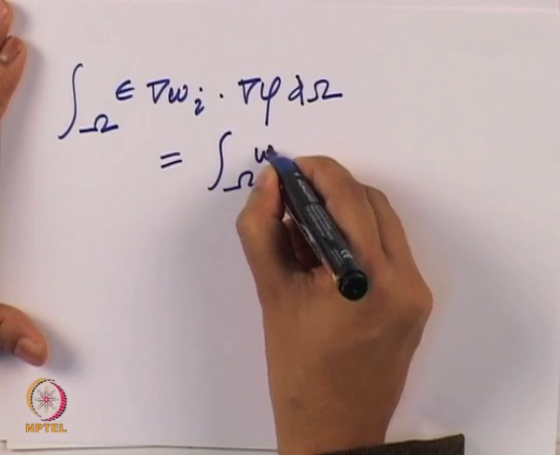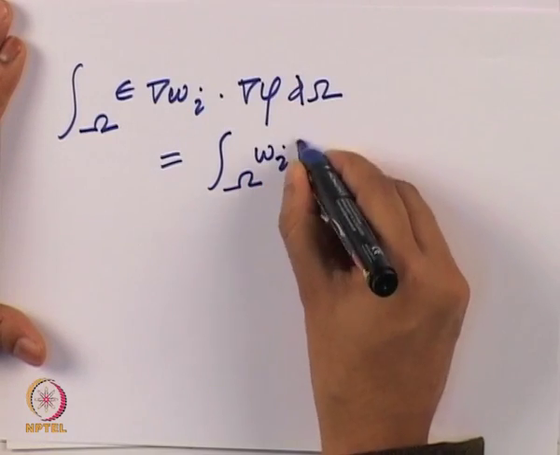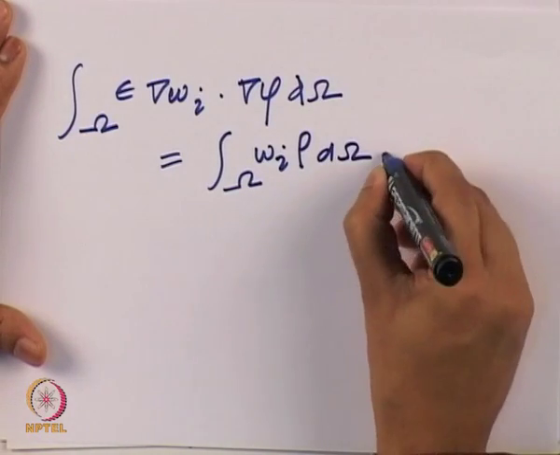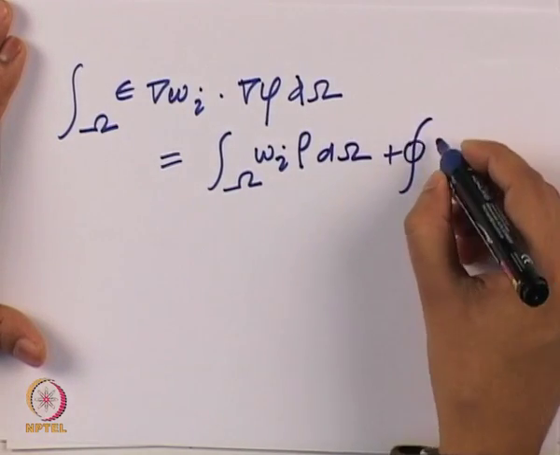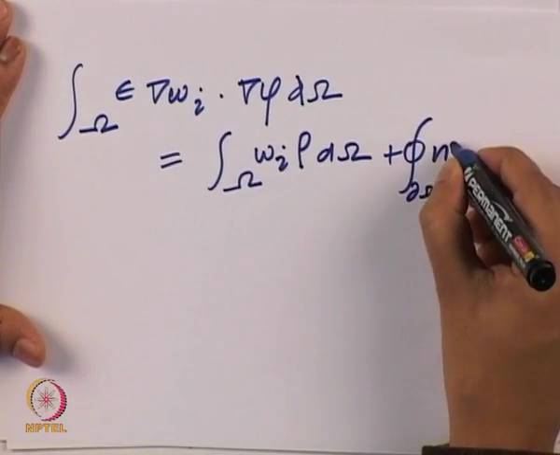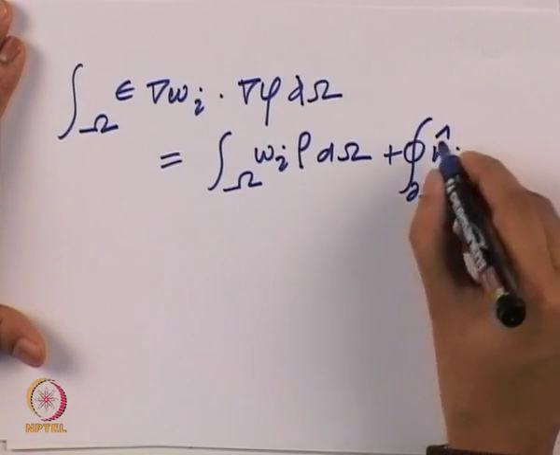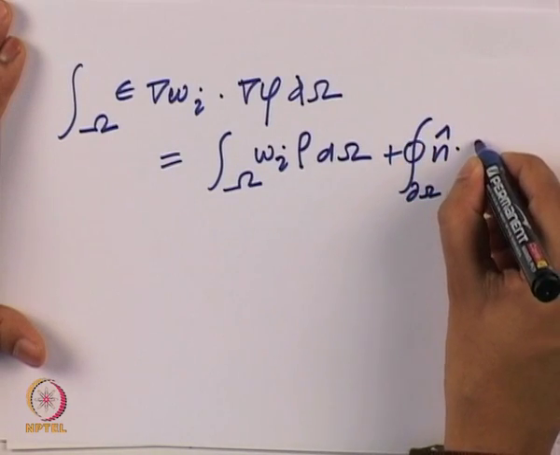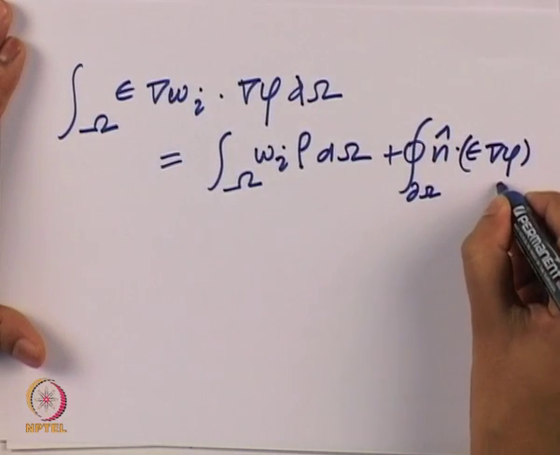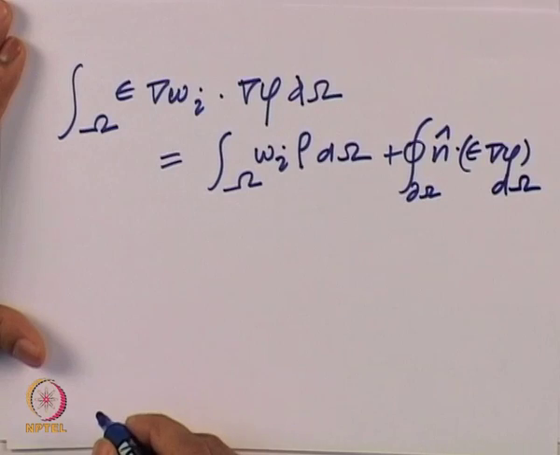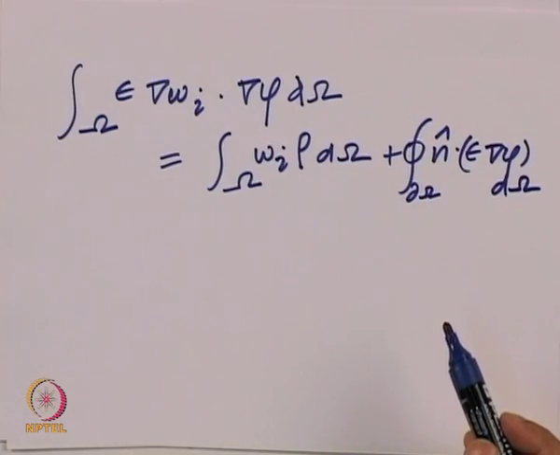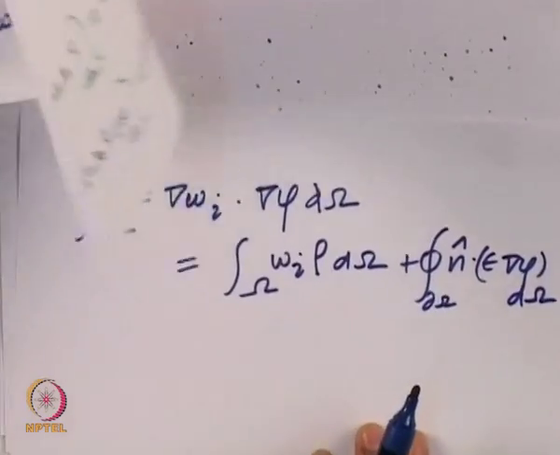the integration over the surface rho times the thing plus the closed boundary, what we have talked about, the normal component of the same flux field that we are talking about, times. So what we have done is we have transformed the equation that we have got here.